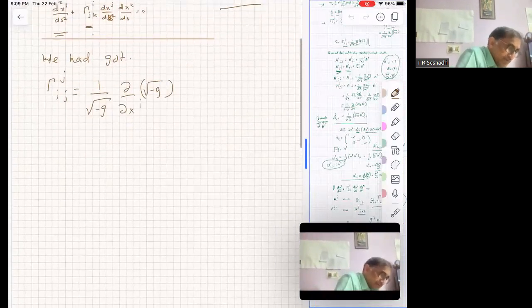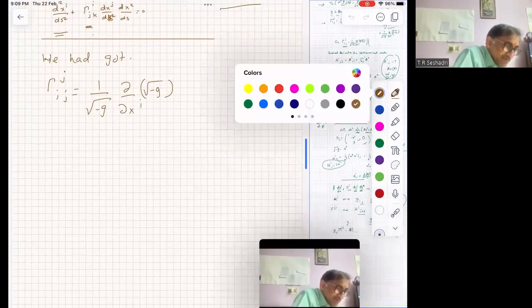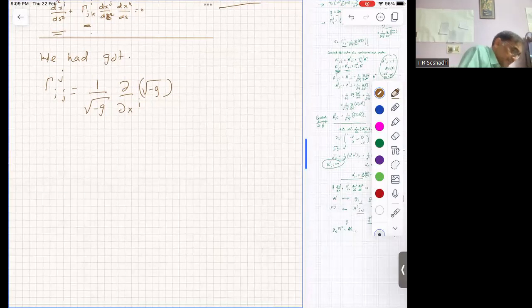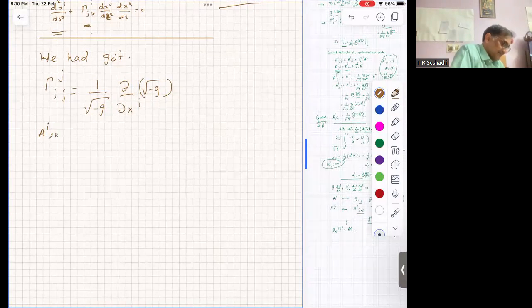if we have A^i semicolon k, the covariant derivative, is equal to A^i comma k plus gamma^i_{jk} A^j.